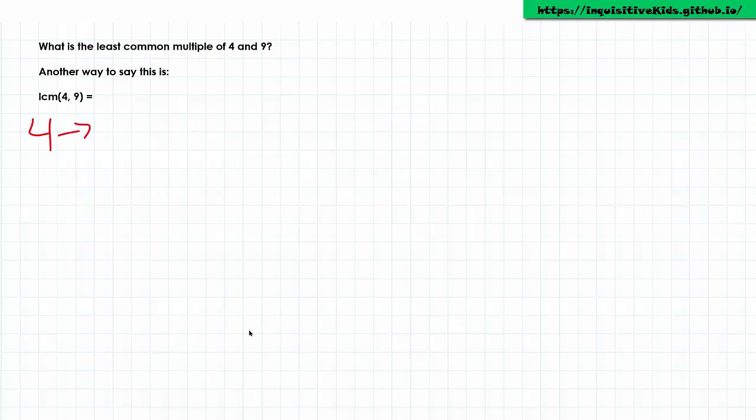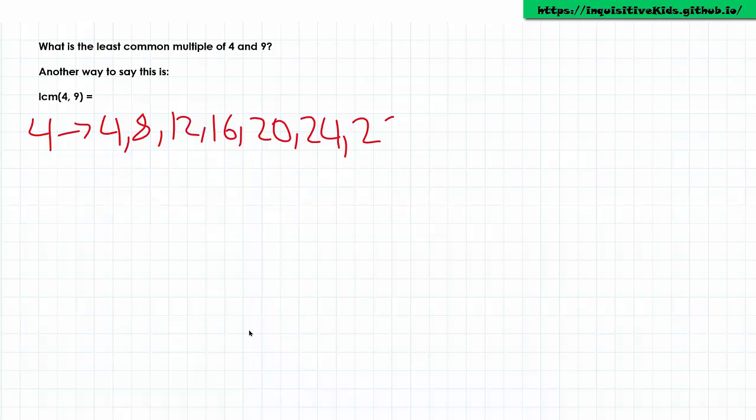So multiples of 4 are 4, 8, 12, 16, 20, 24, 28, 32, and 36.